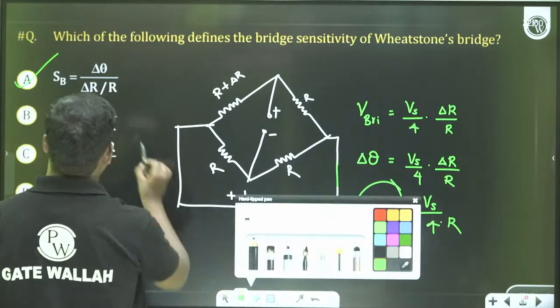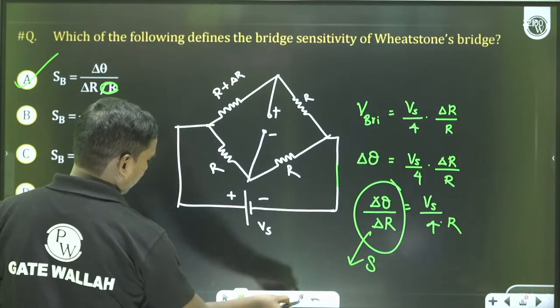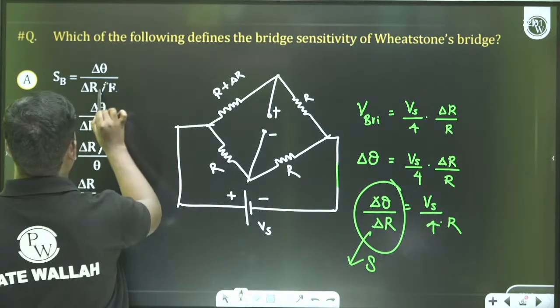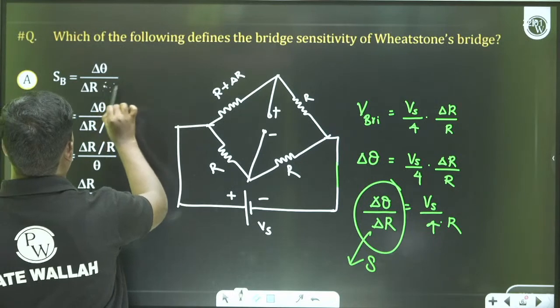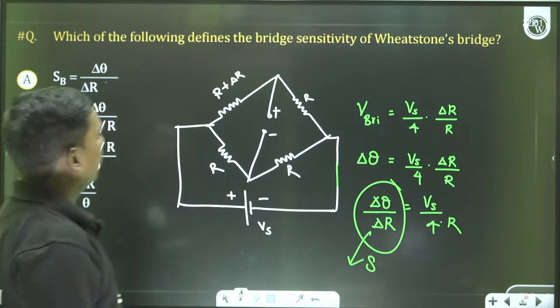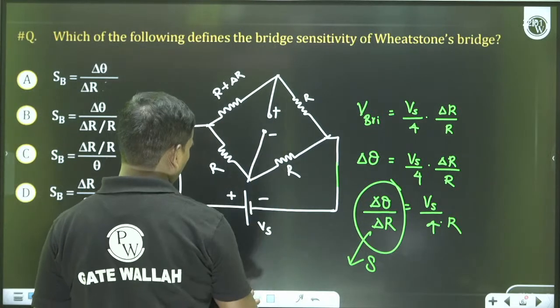Please take this R out. To take this as a deflection delta theta, please make corrections.